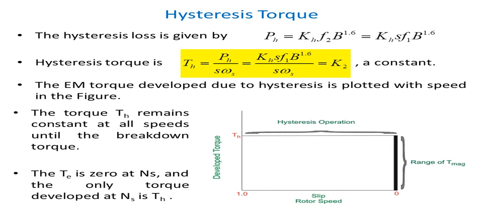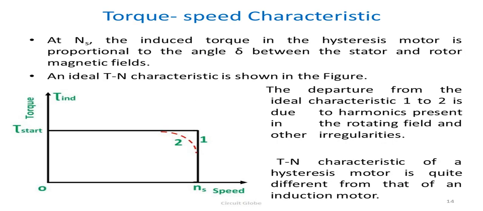So in this diagram, hysteresis torque remains constant from starting to synchronous speed, that is called the hysteresis operation range. So developed torque is practically constant from slip 1 to slip 0, or from starting to synchronous speed, and it remains constant at the synchronous speed.